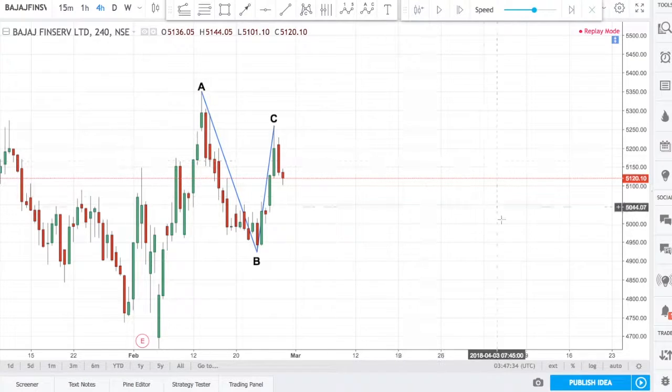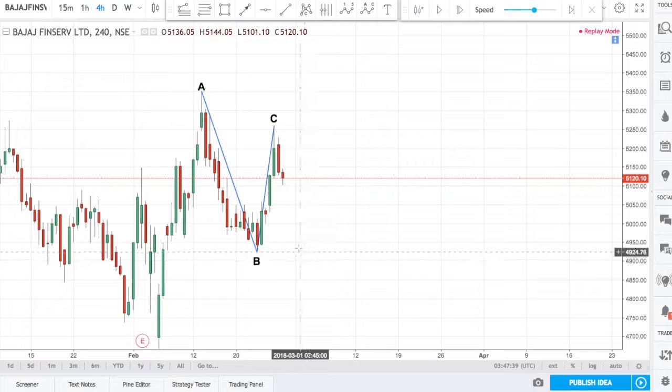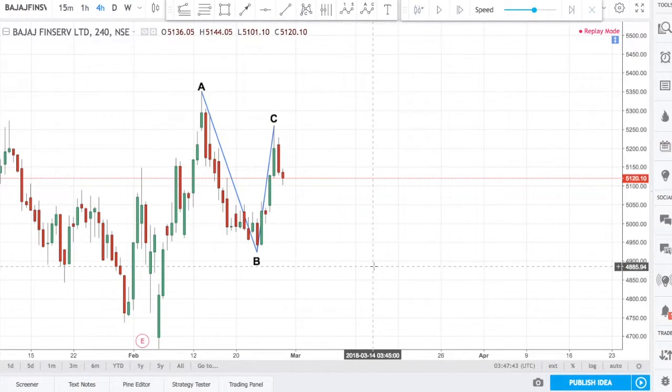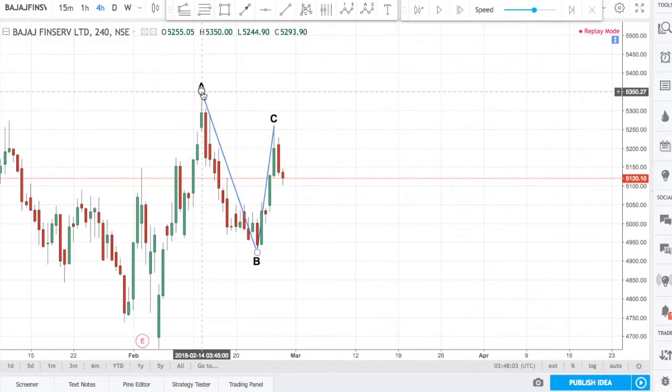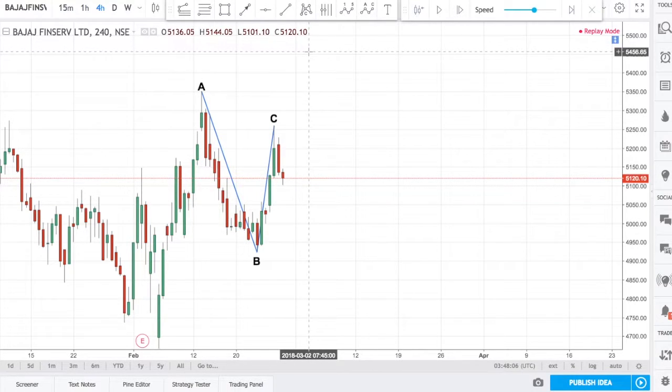Now how do we assume the BC leg might be over and the CD leg might be beginning to happen? When we get a lower low or higher high closing from the 0.382 and 0.618 zone of the Fibonacci retracement from AB.